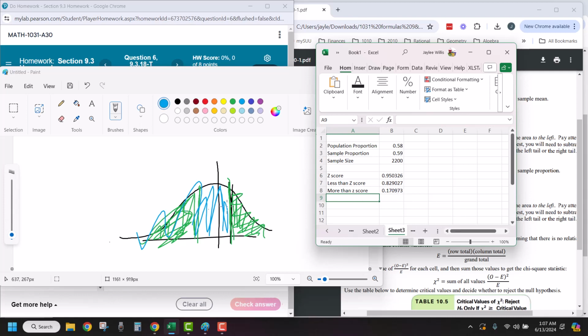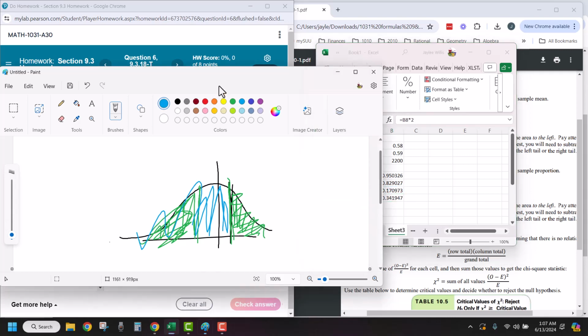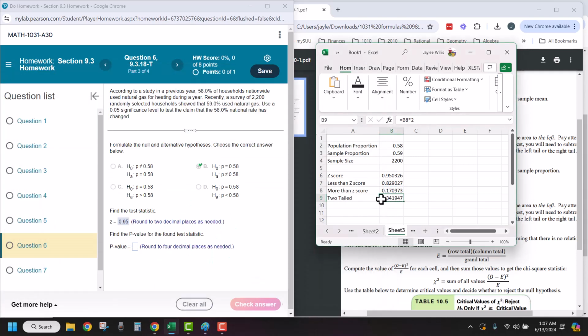And since I'm looking for both of the tails of green and it's a symmetrical graph, that means my two-tailed p-value is going to be this one green tail times 2. And so that tells me that it's 34% likely that I could get a sample that gives me this different value or something that's more extreme.